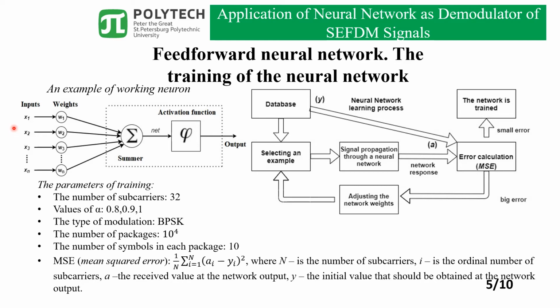The input is supplied with signal samples divided into real and imaginary components. Next, the weighting and summation are performed. The activation function calculates the output value and feeds it to the network output in this example.